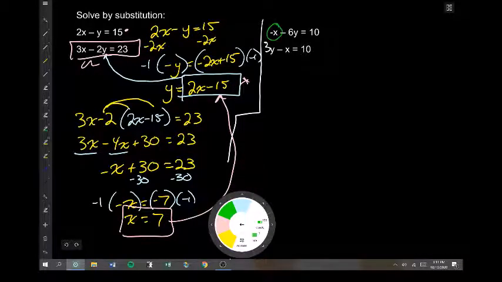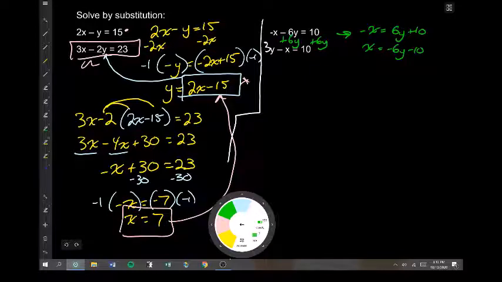So let's solve for this x right here. To solve for that x, I add 6y to both sides. And that becomes negative x equals 6y plus 10. I don't care what negative x is, I care what positive x is, so x equals negative 6y minus 10, because I divided or multiplied both sides by negative 1.